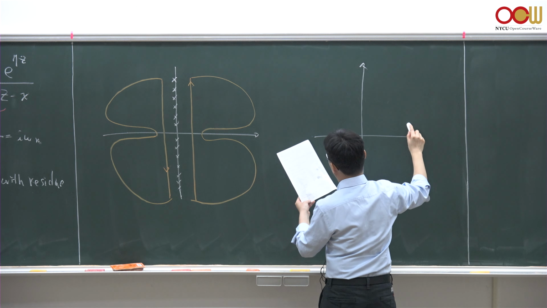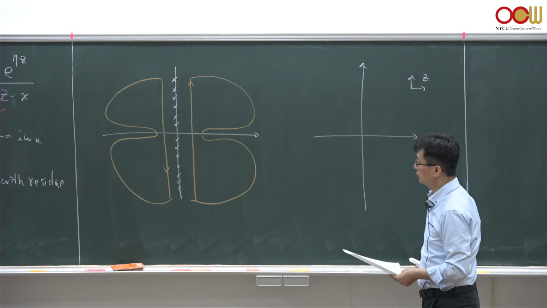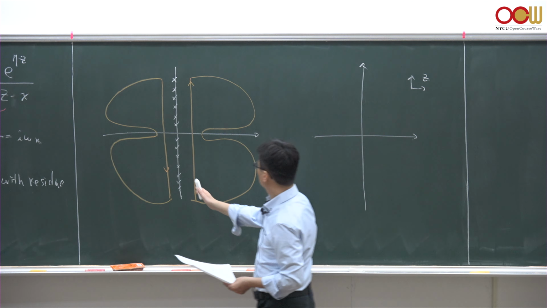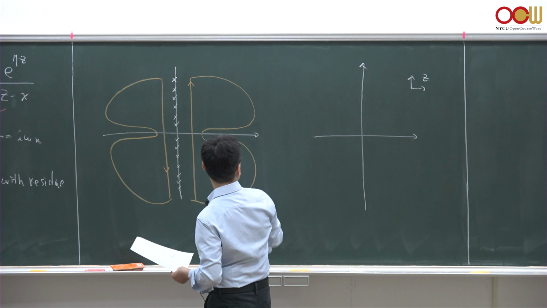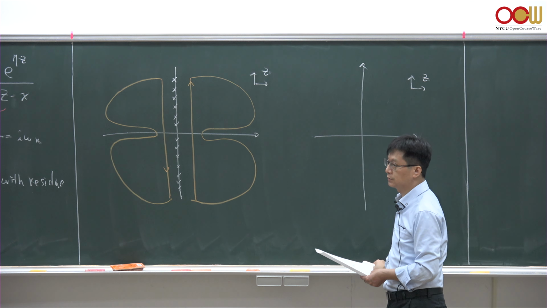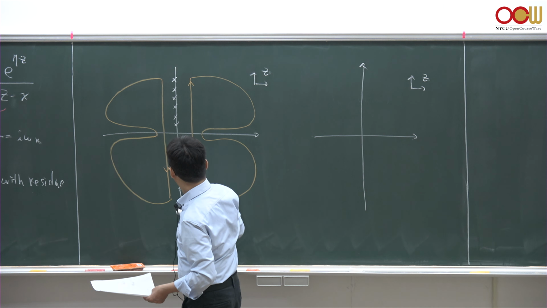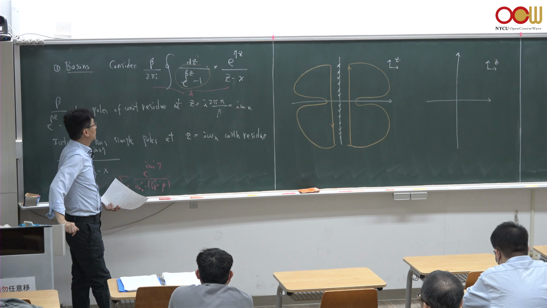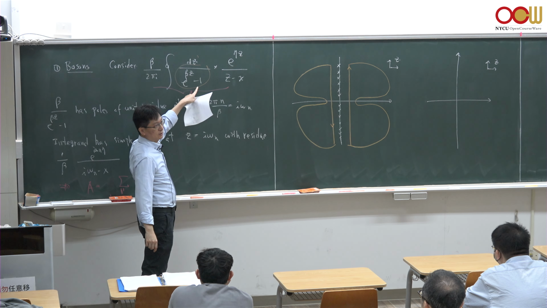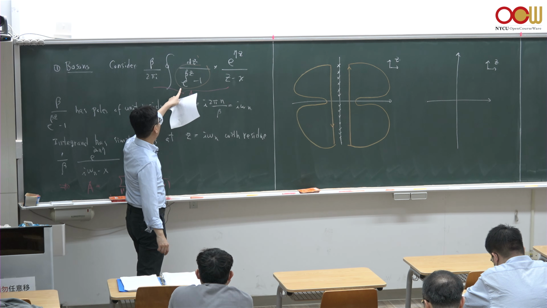Let me make a contour plot like this. Previously, we only considered the imaginary Matsubara frequencies, which are along this vertical line here, where this two-dimensional plane represents the complex variable z. All these crosses represent the poles of this contour integrand. You can see very clearly that there are a bunch of poles from the factor 1 over e to the beta z minus 1, and this occurs when e to the beta z equals 1, which means z is 2 pi i times n divided by beta.